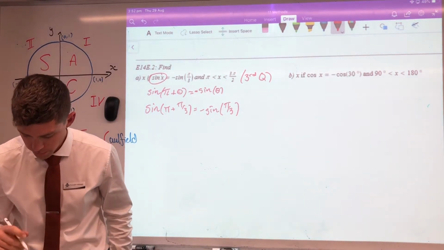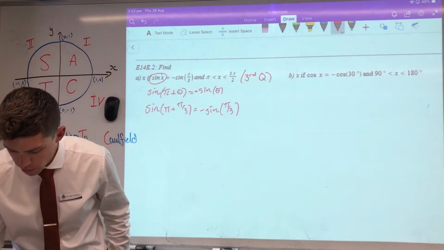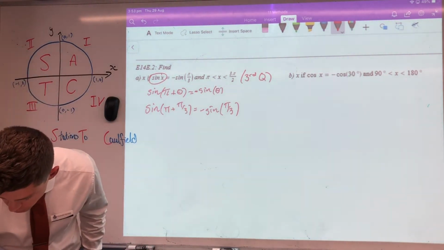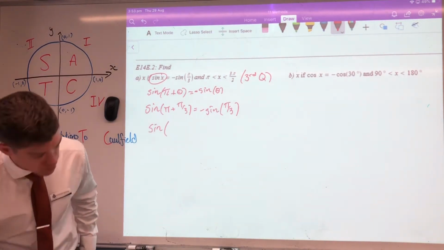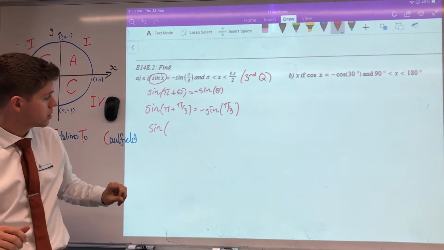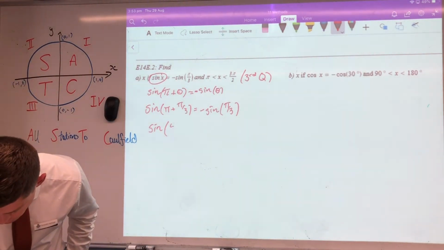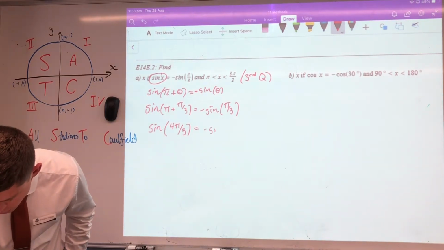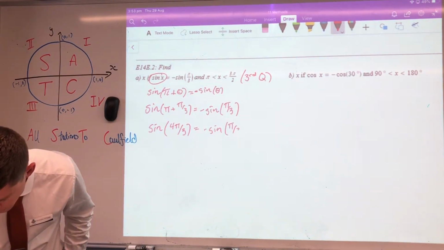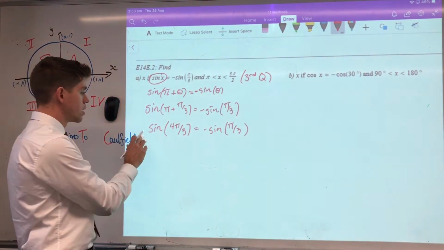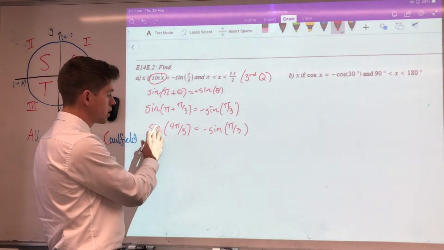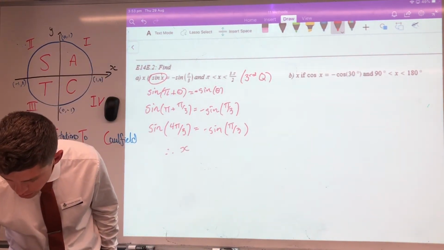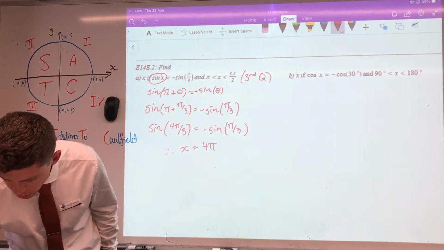Which means that we must have an angle x of pi plus pi on 3. So, if this is our positive value of sine, then x must be 4 pi over 3.